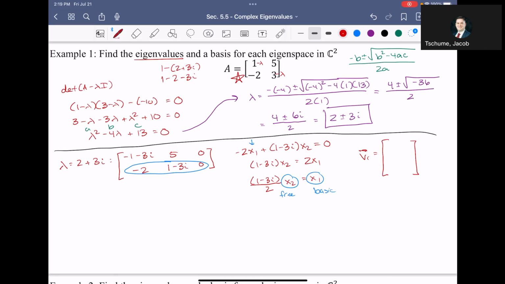So you are allowed to let x2 be any number that you want it to be. Now, since it's being multiplied by a fraction that has a 2 on the bottom, I'm going to suggest that we let x2 be 2 in this case.